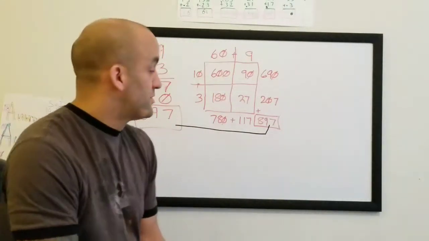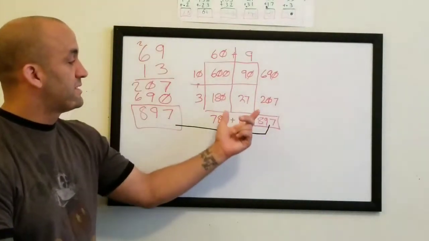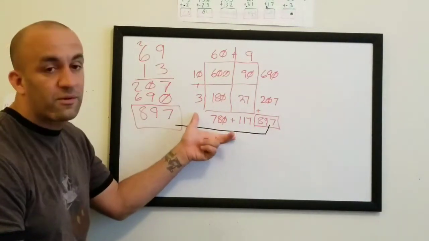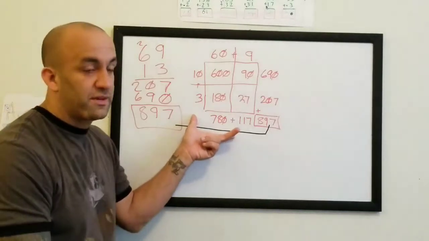This is how we're traditionally taught it, and this is the Common Core area multiplication way of solving it.